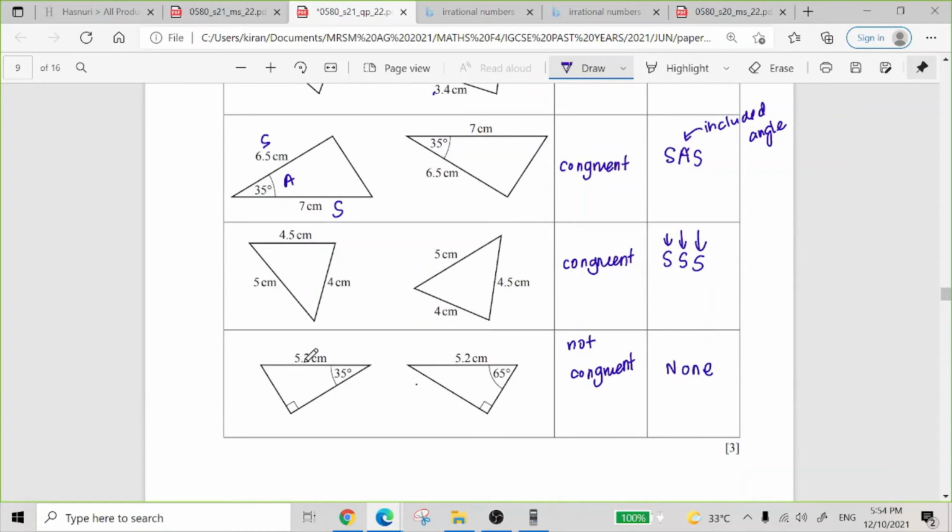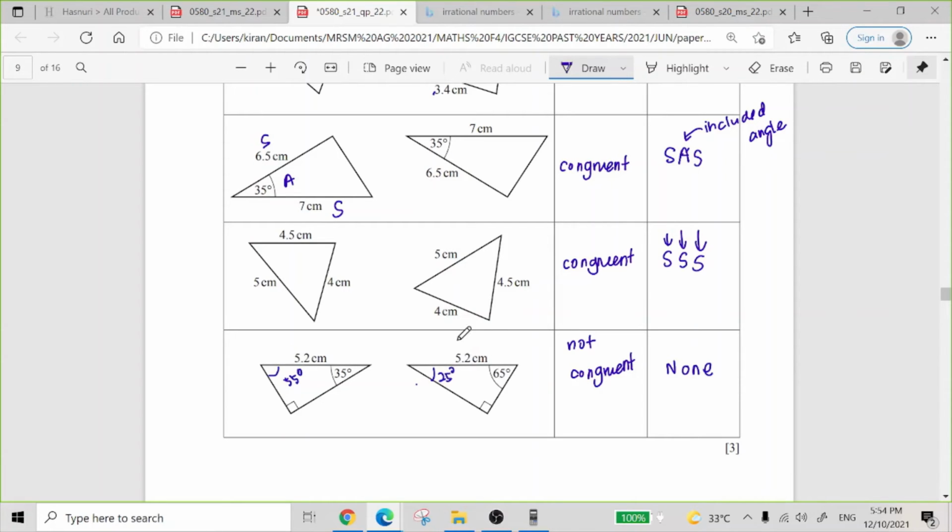Next one, we have 5.2 here, and then we have 35 and 65. 180 minus 90, and then minus 35. So as you can see, the balance for the angle here is 55, and for this one it's 25.